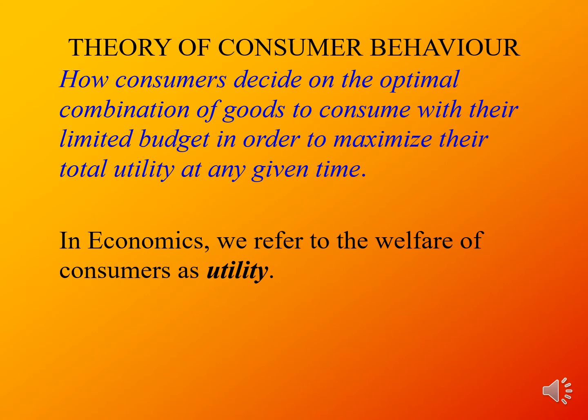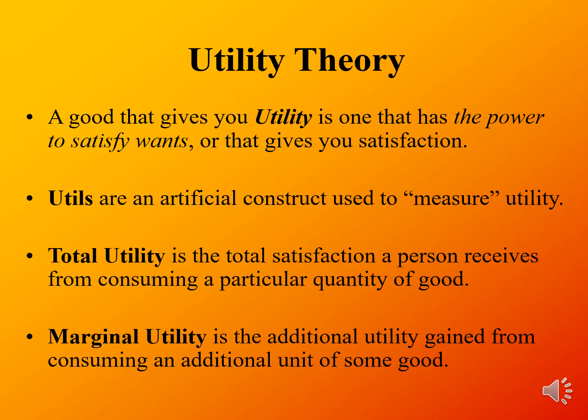In economics, we refer to the welfare of consumers as utility. Now coming to utility, utility is the power of a commodity to satisfy the wants and needs of an individual, or the amount of satisfaction derived from a product is called utility. There is an artificial construct to measure utility.